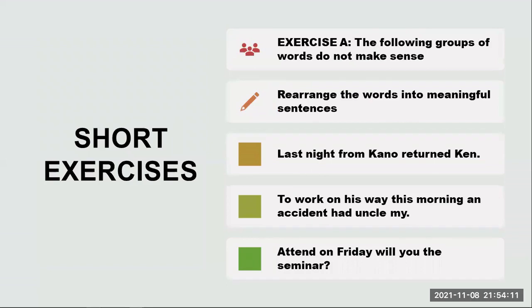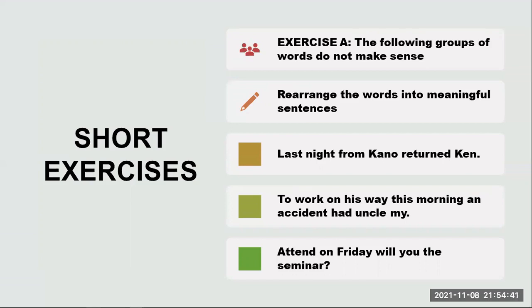Now, let's look at some short exercises and test how much we really know about English grammar. So now listen to this, or you can pause and read these exercises. Let's begin with exercise A. The following groups of words do not make sense.